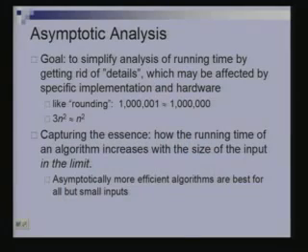Okay, so asymptotic analysis is the kind of thing that we've been doing so far when I said n squared and n. And the goal of this is really to analyze the running time while getting rid of superficial details, right?